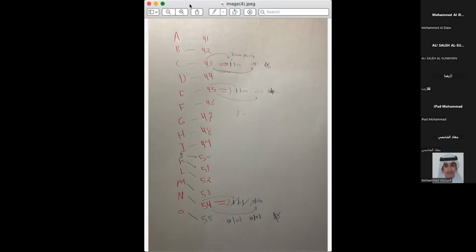Okay, when we say A is 41, is it in decimal or what? Hexadecimal. It's not decimal. So you're saying I is 49, and then J, which is the next letter, is 50.